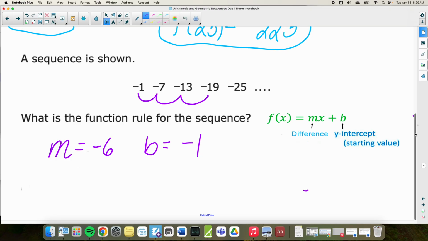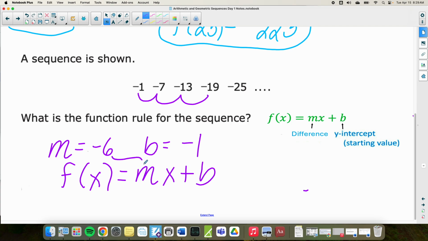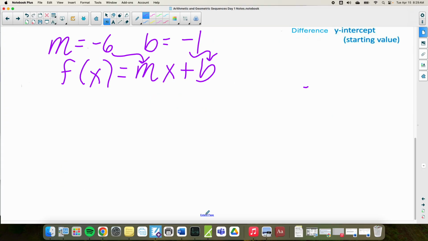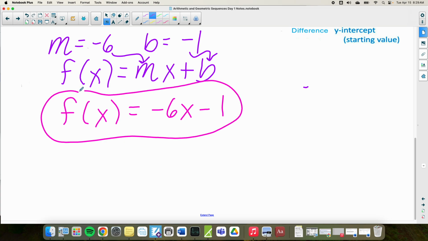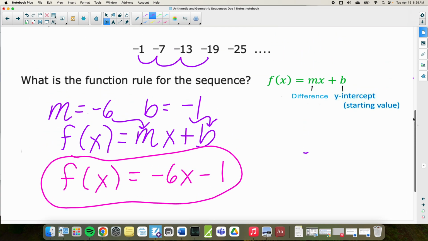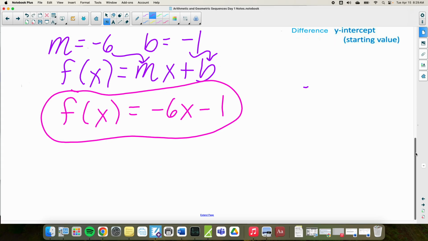And then we would write f of x is equal to mx plus b. And we would put the -6 in for m, the b in here. So it would be f of x equals -6x, and then you could do plus a -1 or just -1. And I think that's all they needed. Yeah, the function rule. Okay.